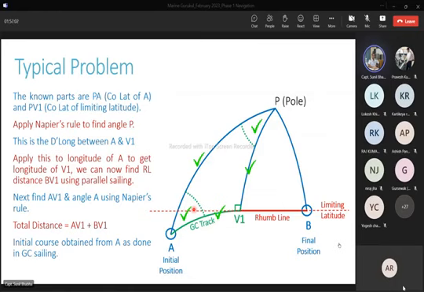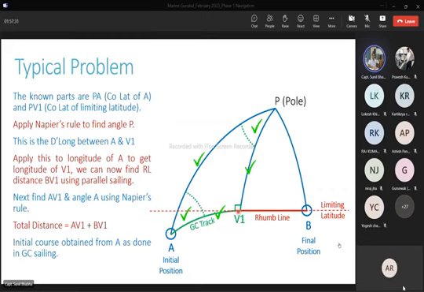Important thing to remember here is you have to make the diagram, and out of the two triangles, first identify which is the spherical triangle. Any one of them could be the spherical triangle depending upon to which place the limiting latitude coincides. So once you have the spherical triangle, the first thing we find is the longitude of the vertex.